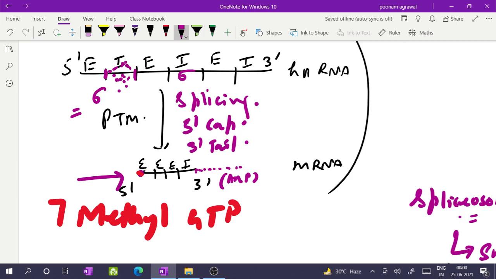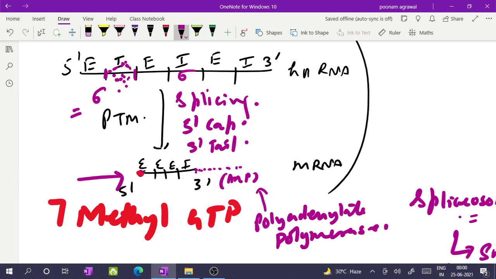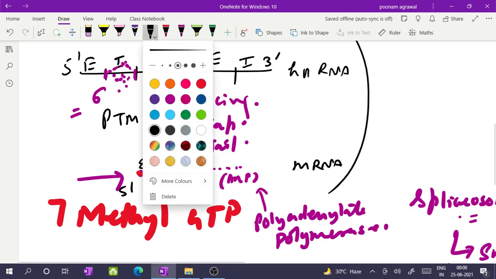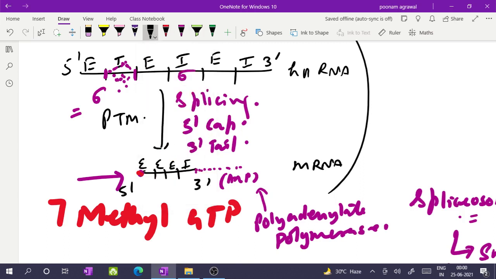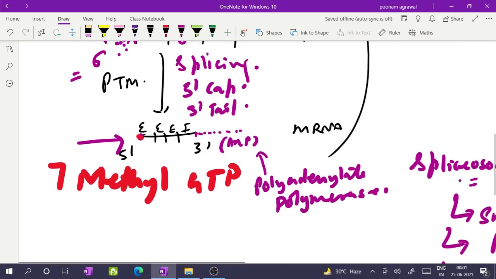Similarly, for the cap binding at the 5' end, you must know we have the guanylyl transferase enzyme.